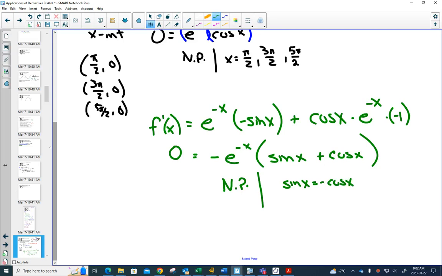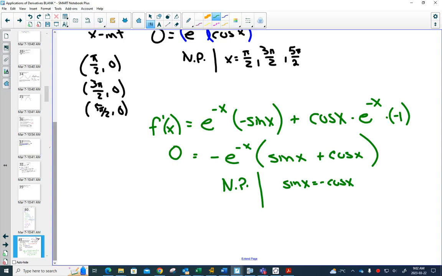And there's a couple of ways that you can solve this. One, you could think of your pie plate, and you could say, when is the x coordinate and the y coordinate the same, but one is positive and one is negative? So you could think about root 2 over 2, negative root 2 over 2, or negative root 2 over 2, root 2 over 2.